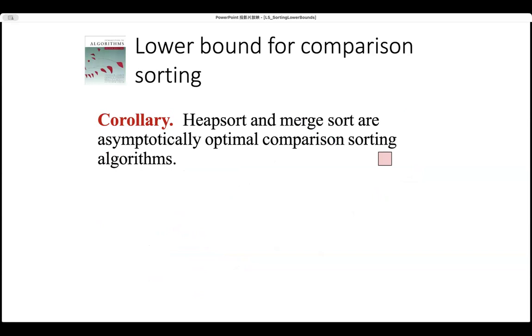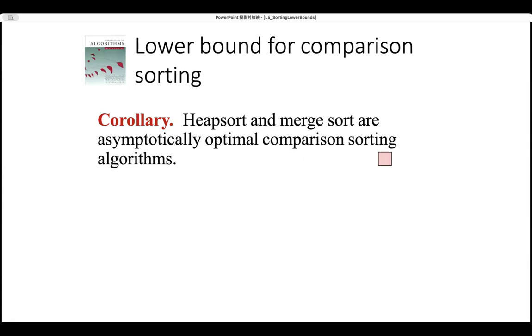But of course, here we are talking about time complexity. In reality, for a large amount of numbers, you still prefer to use quicksort, because the expected time complexity of quicksort is good.